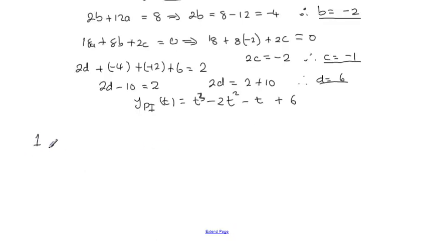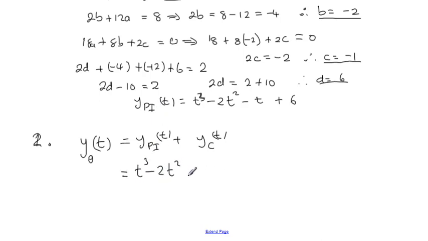Now coming to the next step, which is step number 2, we need to give our general solution, which we're going to write here as yg, a function of t, which will be this particular integral, y pi, plus y complementary, both functions of t. So we can write here t cubed minus 2t squared minus t plus 6, and we saw our complementary solution was e to the power minus t in brackets a cos t plus b sine t.